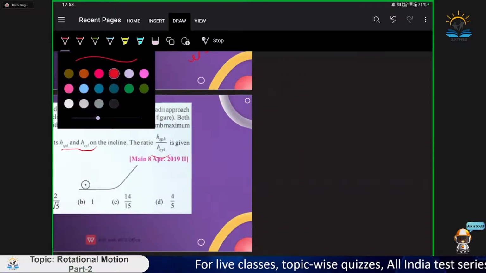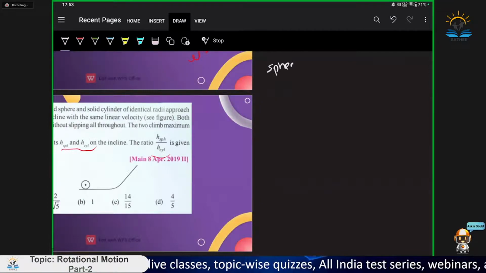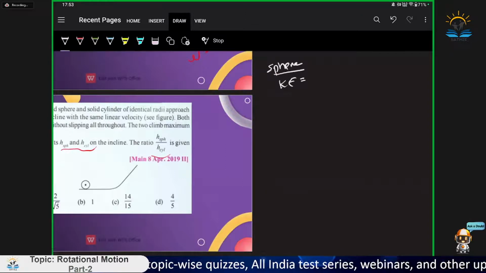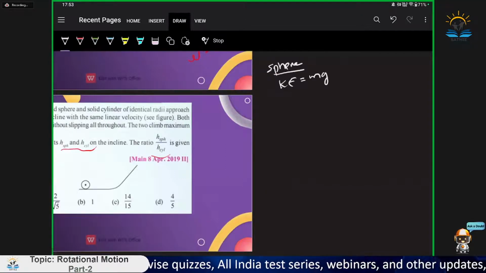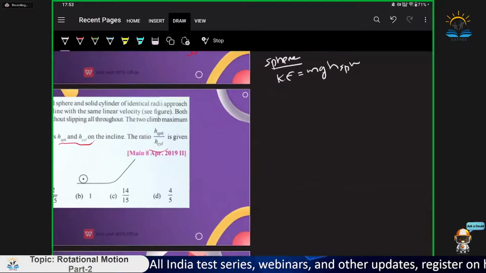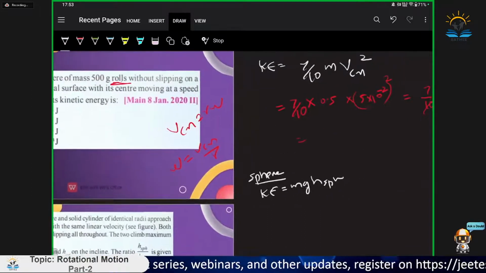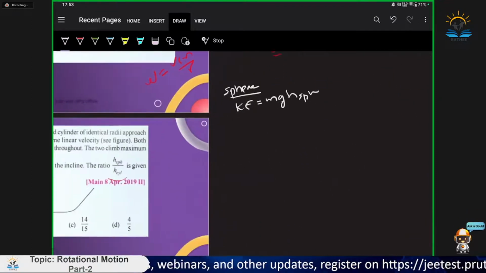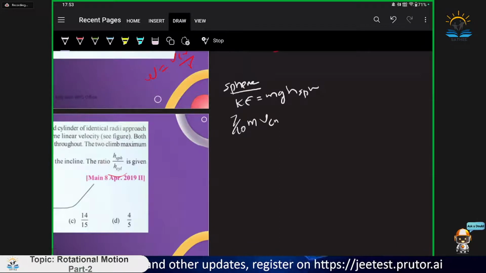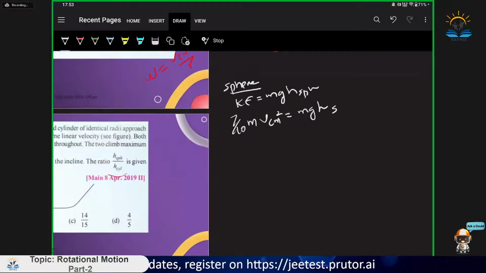Okay, for sphere, we can write that the initial kinetic energy will convert as potential energy, so mg into h sphere. We know that its total kinetic energy is how much? In the previous problem we said 7 by 10 m into VCM square. So 7 by 10 m into VCM square is mgh sphere.